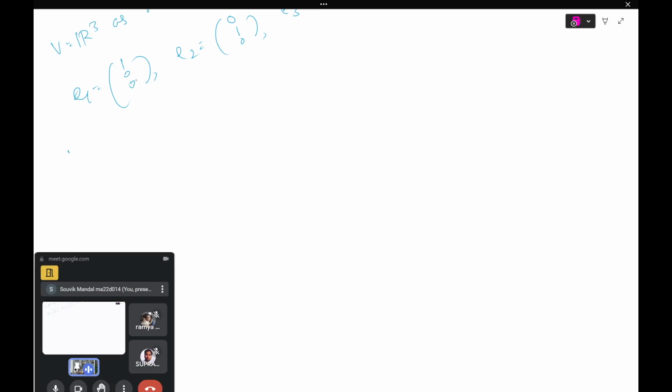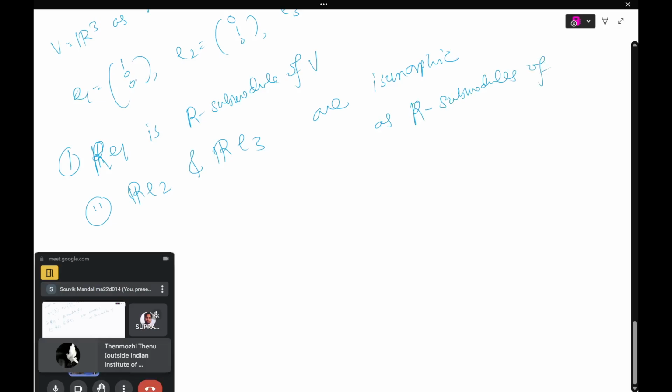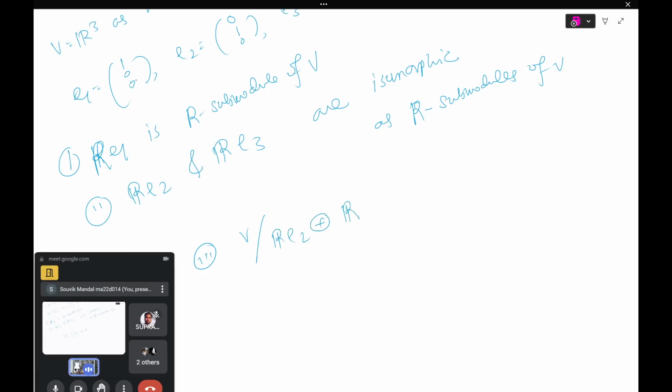Now the question is, choose the correct statement. The first option is RE1 is an R submodule of V. The second option is RE2 and RE3 are isomorphic, I mean RE1 and RE3 are isomorphic as R submodules of V. Option 3, V by RE2 direct sum RE3 is isomorphic to RE3 as R submodules.